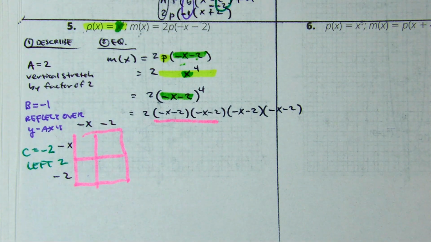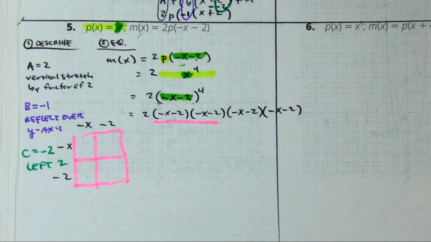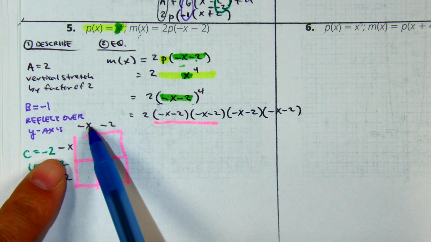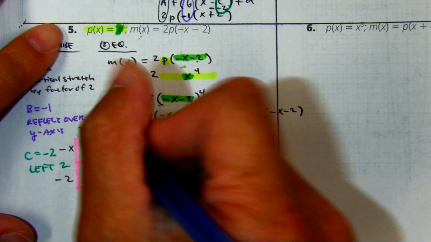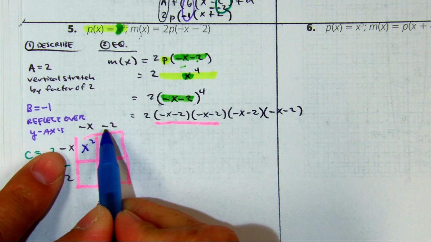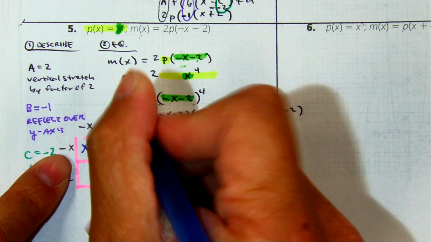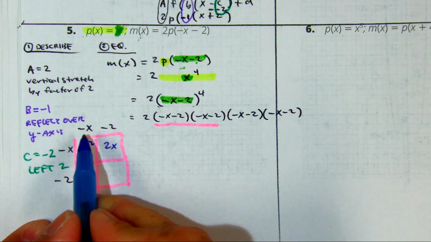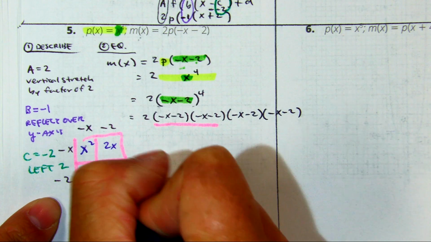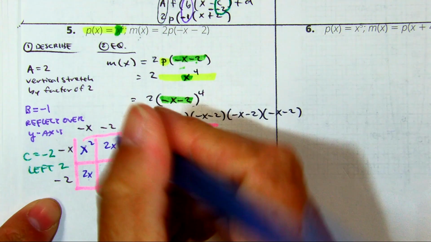Multiply, then add. Class, what's negative x times negative x? X squared. Negative times negative. And negative x times negative 2 is going to be what? And negative 2 times negative 2 is what? 4.